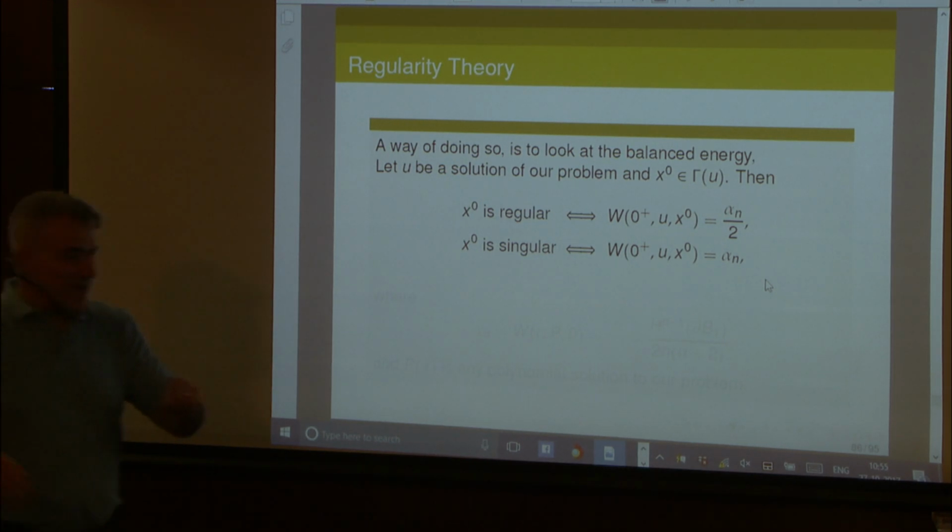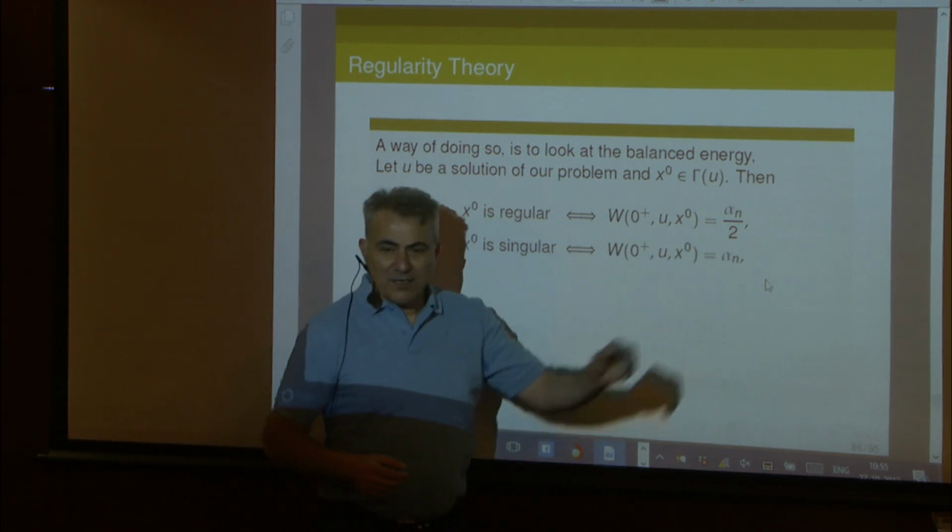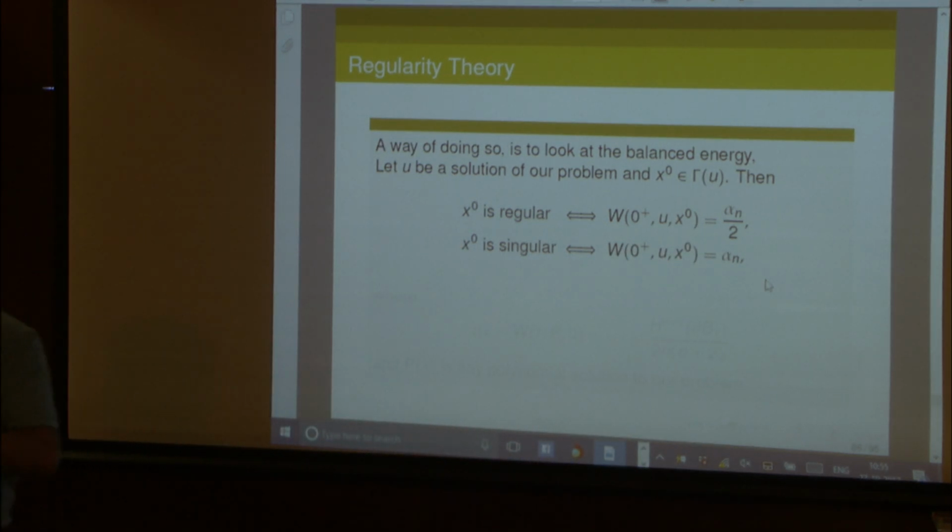So the energy values close to a minimum point are always less than or equal to this, so it has to be that, because there are no other values. So it means all points seem to be regular points. If you take a regular point, then anything around it is regular. Of course, the neighborhood depends on a lot of things. But there is a neighborhood in which all free boundaries are smooth.